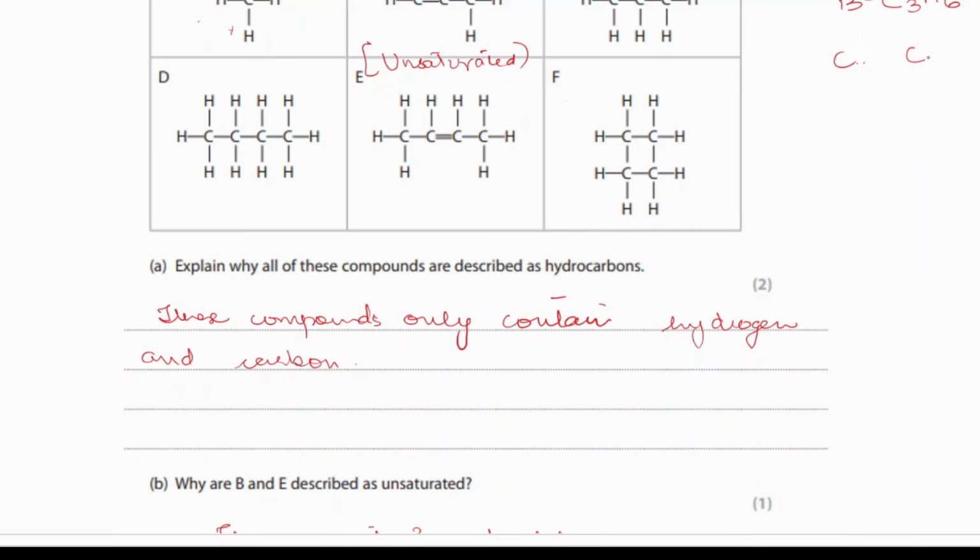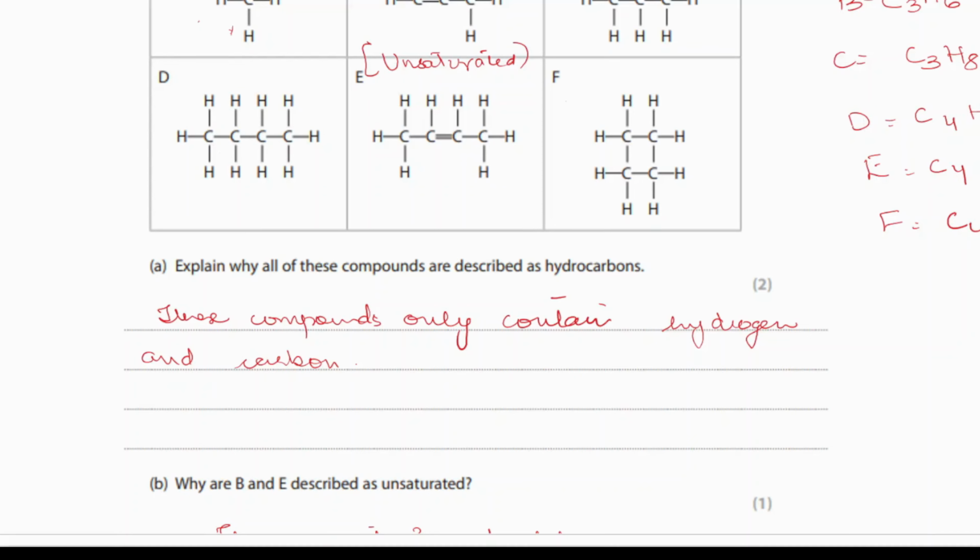C is C3H8, D is C4H10, E is C4H8, and F is C4H8. So which would convert into CH2 if we simplify them?